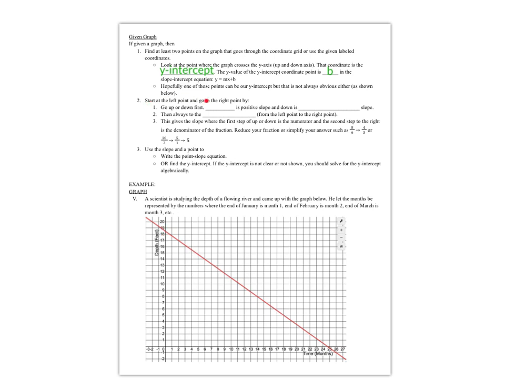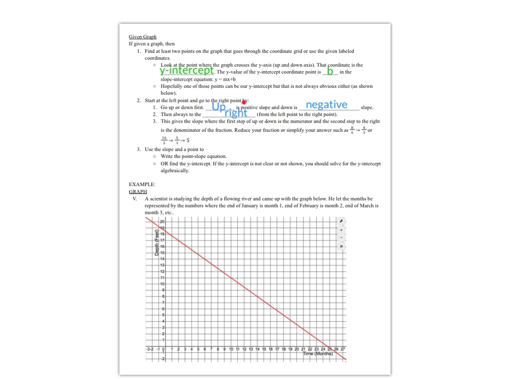Once you have 2 points, you should start at the left point and go to the right point by first going up or down. If you go up, it's positive, and if you go down, the slope is negative. Then we always go to the right on the bottom. That's starting on the left and going to the right.